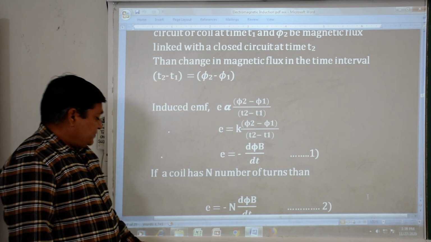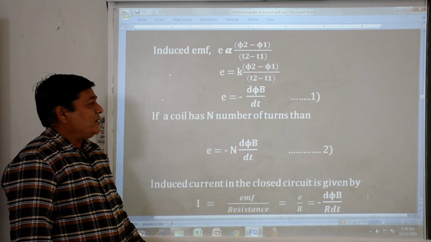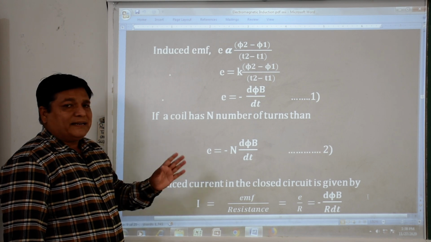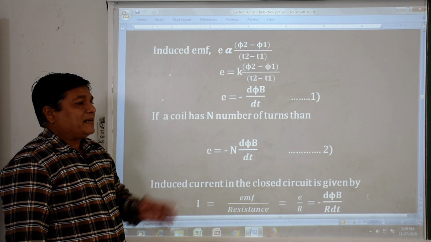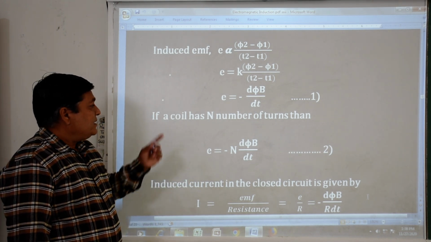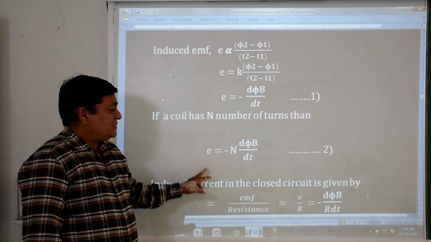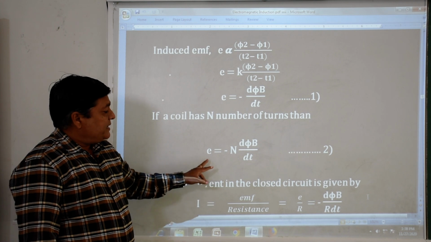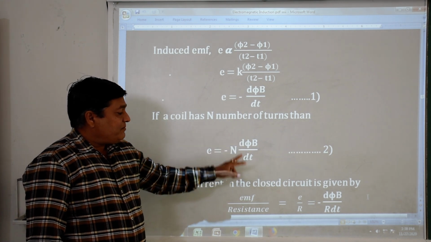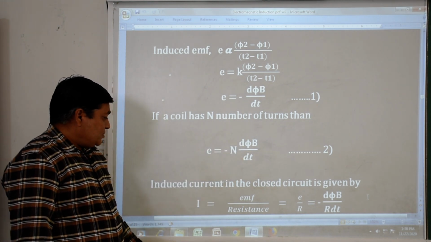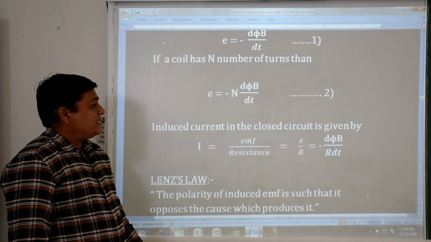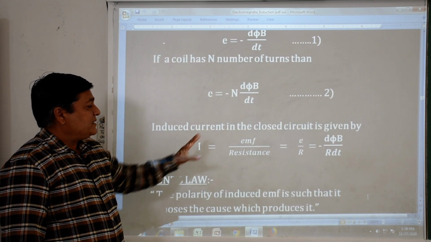Okay, so if N number of turns are there in a coil or conductor through which the magnetic flux linkage changes, we place capital N here. So the expression becomes E = -N dφB/dt. The induced current in a closed circuit can also be found by using this expression.